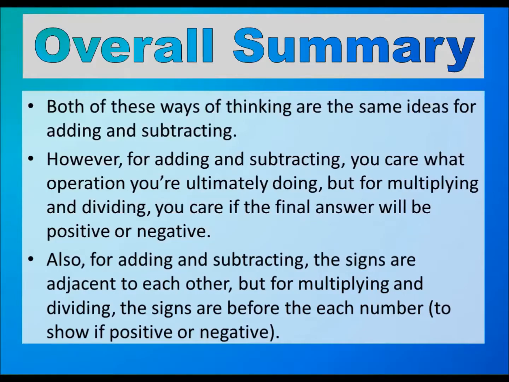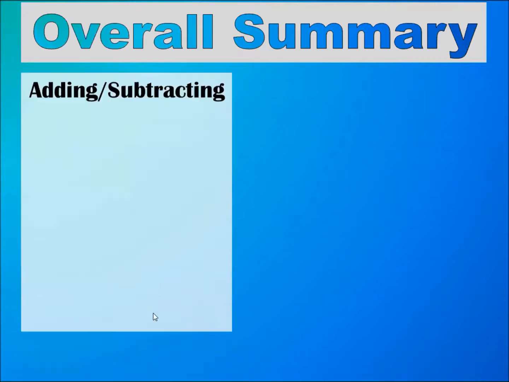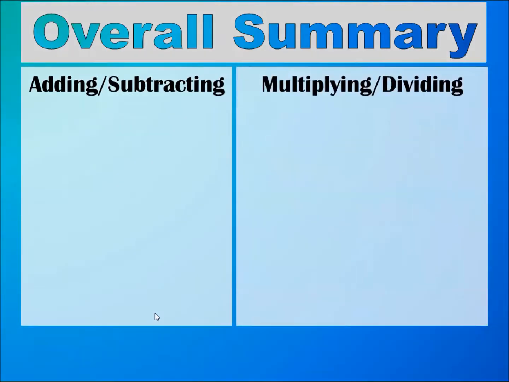Now let's illustrate what I meant for the differences between multiplying and dividing and adding and subtracting for positive and negative numbers, and also the similarities. So here's for adding and subtracting, and here's for multiplying and dividing.